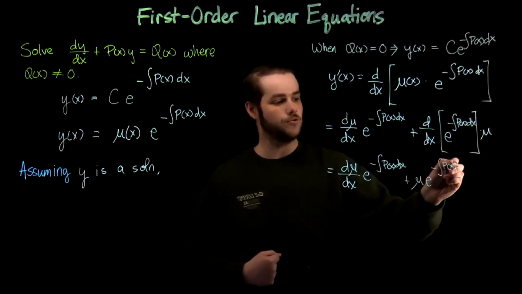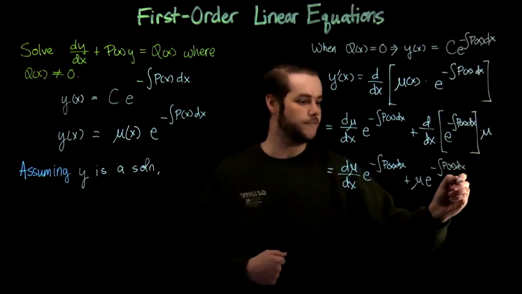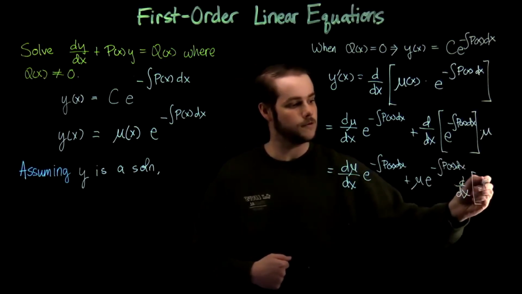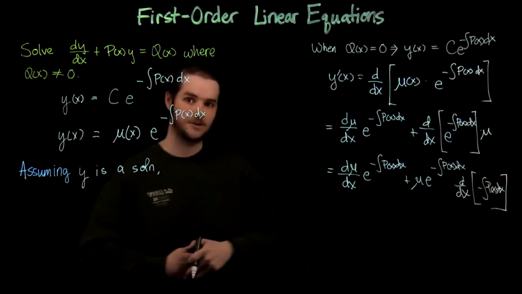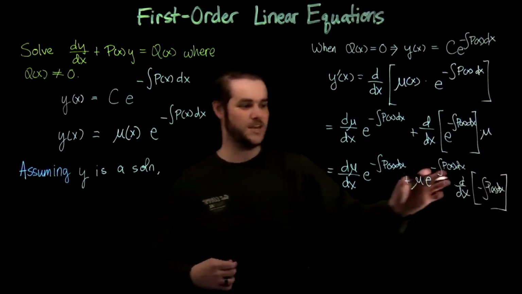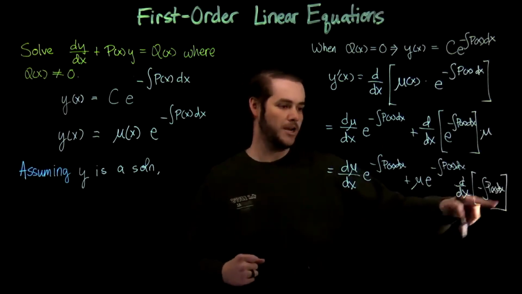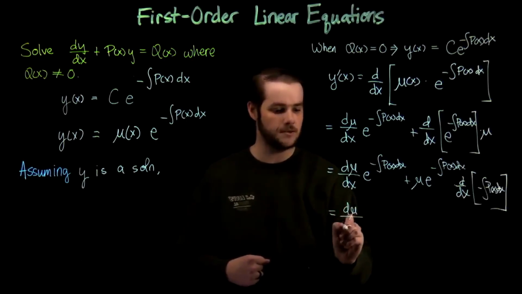By using the chain rule, I get e to the stuff times the derivative of that stuff. Running out of room there. Sorry if that went off the screen a little bit. Just got the derivative of this power. So now, when I take the derivative of this, fundamental theorem of calculus helps us out quite a bit.